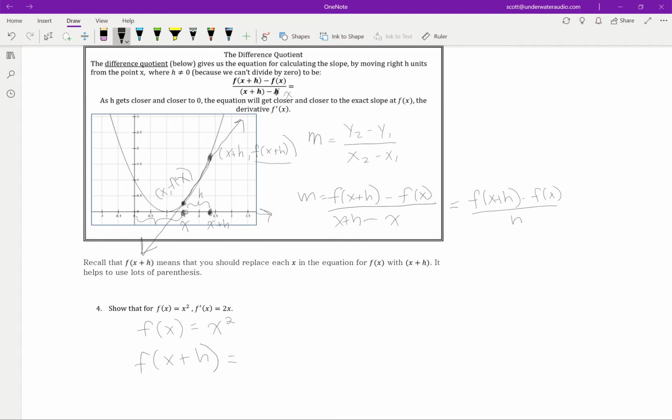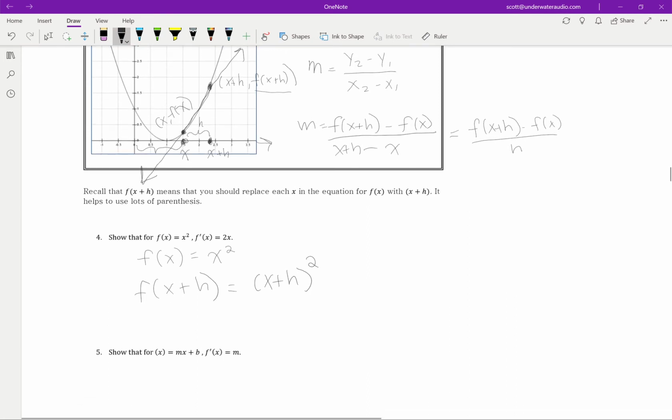So f of x plus h means that you should replace each x in the equation for f of x with x plus h. So this part right here, that's the equation for f of x. And so each x I'm going to replace with x plus h, which gives me x plus h squared.